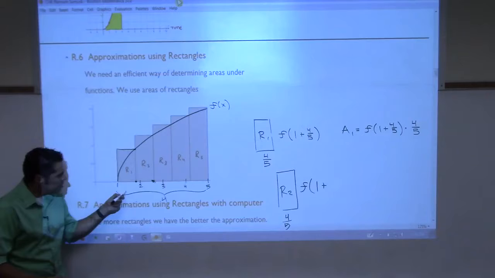I'll explain why they're important and what they mean in a second. But that's the main difference in the notation. That's how you can distinguish a definite integral from an indefinite one. If there are no numbers there, then you're just trying to find the antiderivative of the function. If there are numbers there, then your answer is no longer a family of functions.